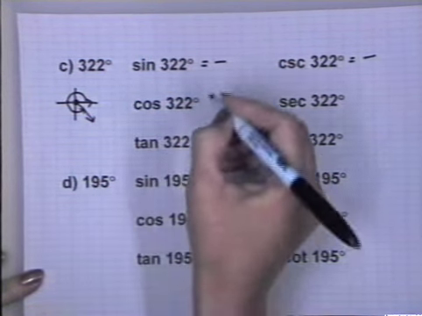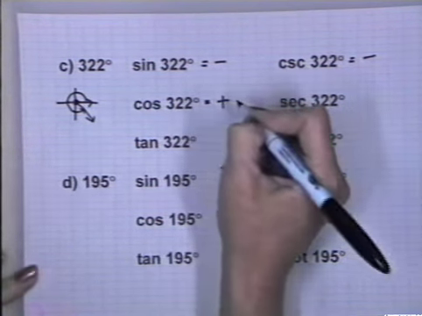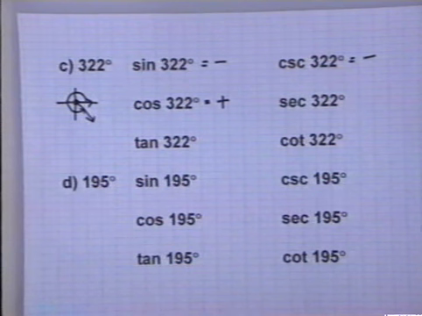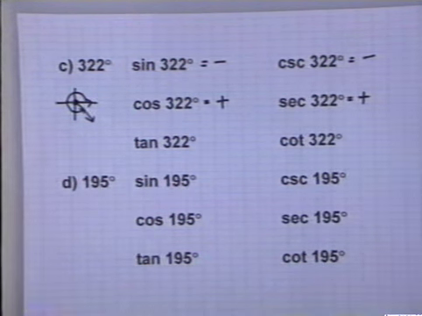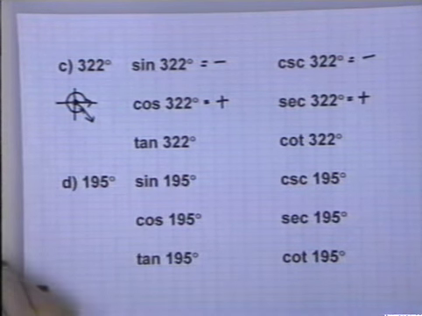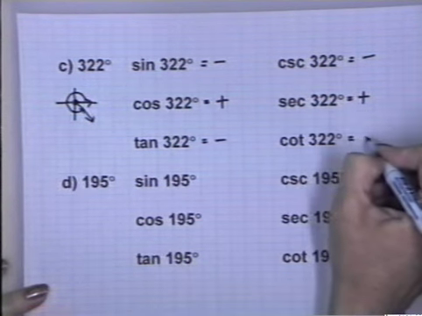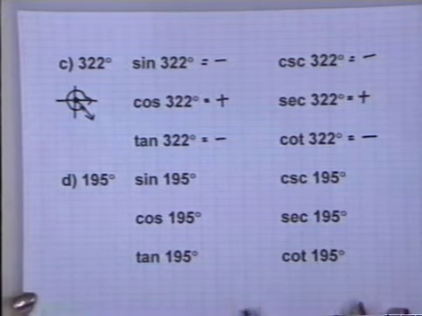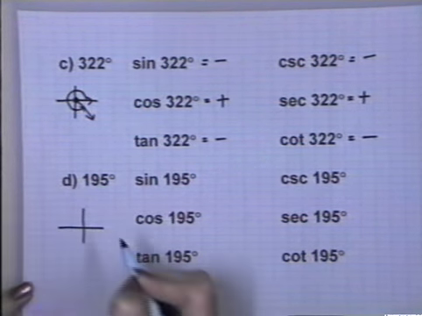The cosine of 322 degrees would be positive because the cosine and the secant of fourth quadrant angles are positive. And what about the tangent and the cotangent of fourth quadrant angles? They're negative, aren't they?